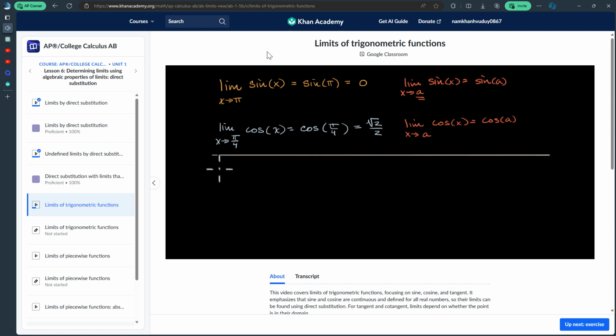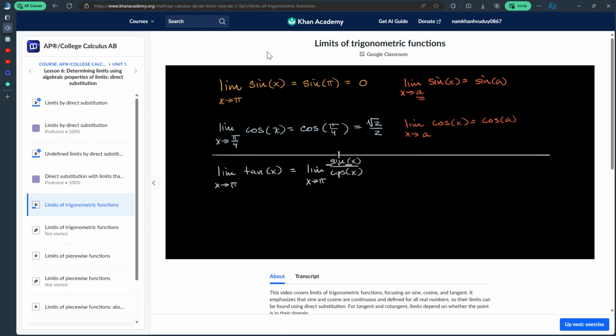So let's say if we were to take the limit as x approaches pi of tangent of x. What is this going to be equal to? Well, this is the same thing as the limit as x approaches pi. Tangent of x is sine of x over cosine of x.